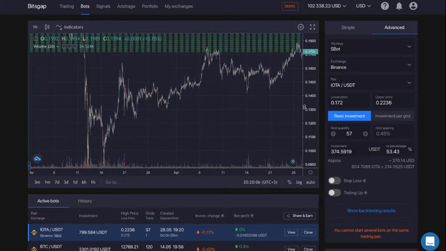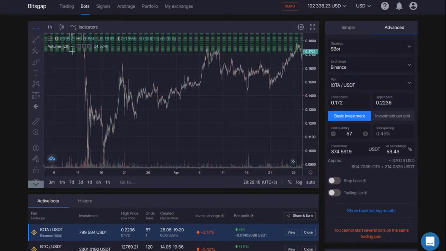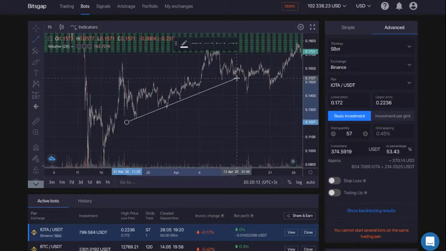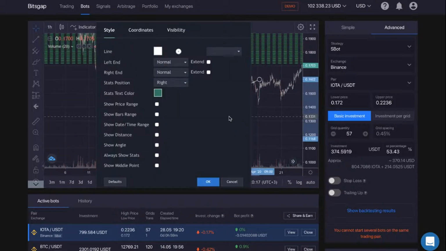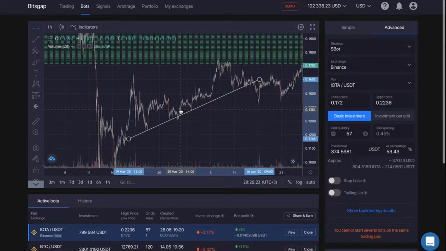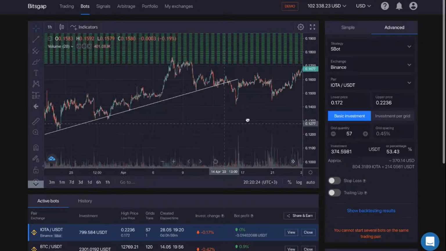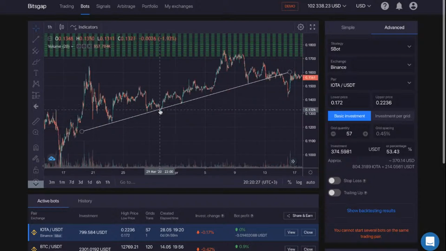Let's say here it's IOTA trading to USDT, and I can see quite impressive price action over the support level. Let's say that we are right now at the point of time when the price has already bounced off the support level.